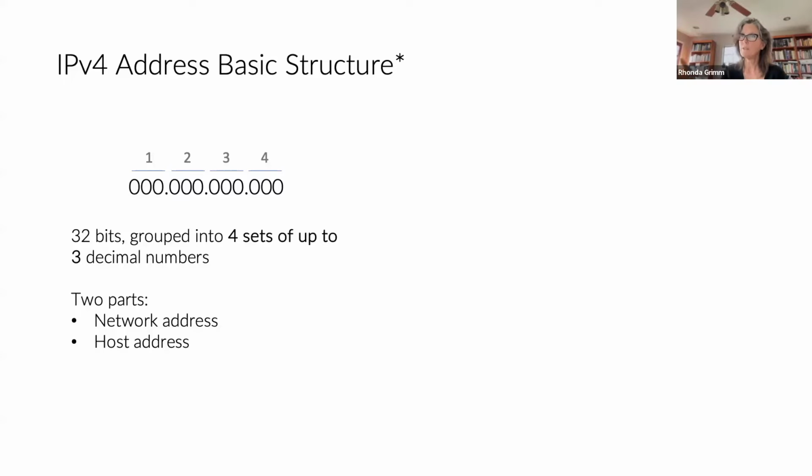So enter the IPv4 address, the basic structure of an IP address. In the case of an IPv4 address, you've got four sets of three decimal numbers. And there are two parts: the network address and the host address. We're not going to get into things like subnet masks, but that tells you where the network address is and where the host address is.